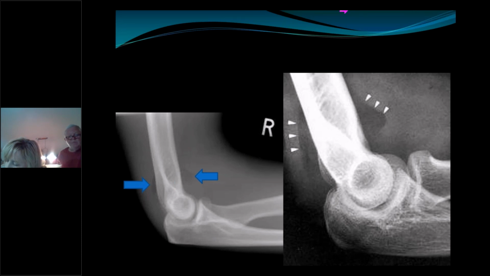So you don't want to miss that kind of stuff. So when in doubt, splint it up and punt it to the appropriate place. If it's a young kid, pediatric ortho, if you've got that, is the way to go. If you don't have it, then routine orthopedics is certainly reasonable. But again, splint it up and treat it. When you see these fat pad signs, you need to be thinking fracture.